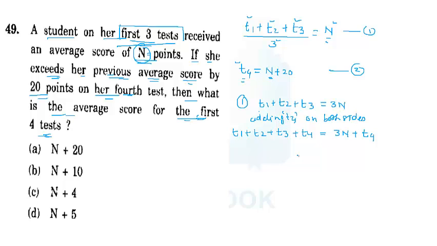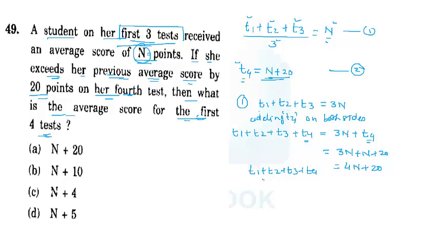Right? So here we'll keep T4 as it is on the left, but T4 in terms of n, according to equation 2, we would substitute on the right. So this would give you 3n plus n plus 20. So this would be 4n plus 20. On the left hand side of the equation we have T1 plus T2 plus T3 plus T4.